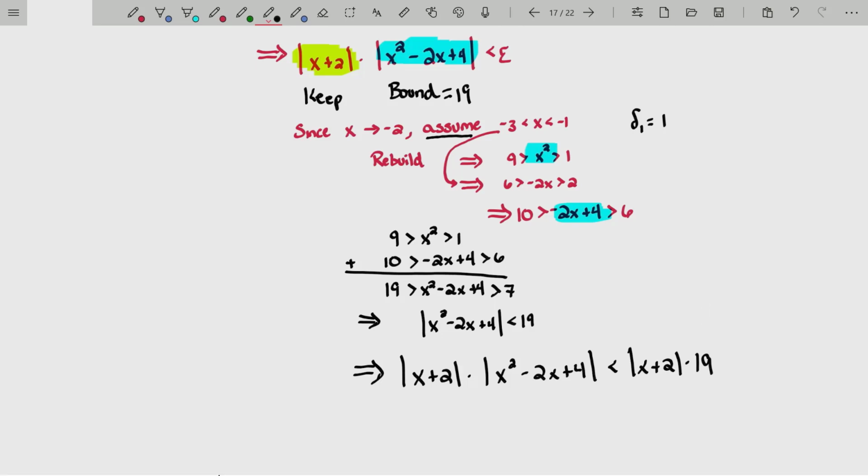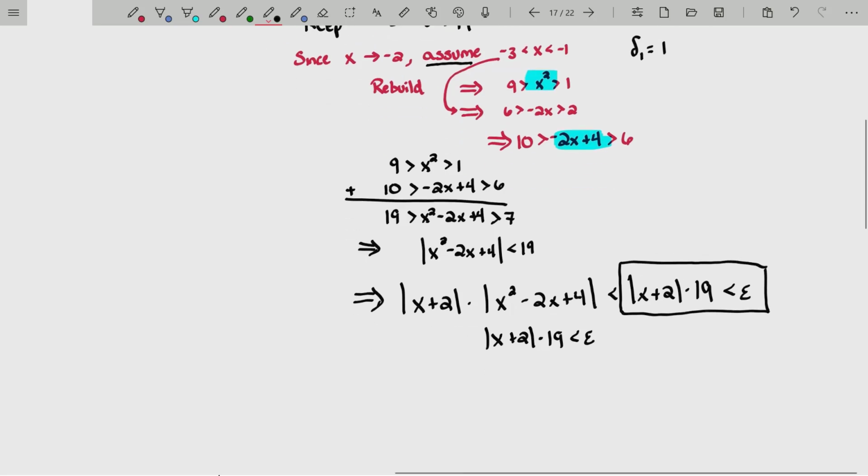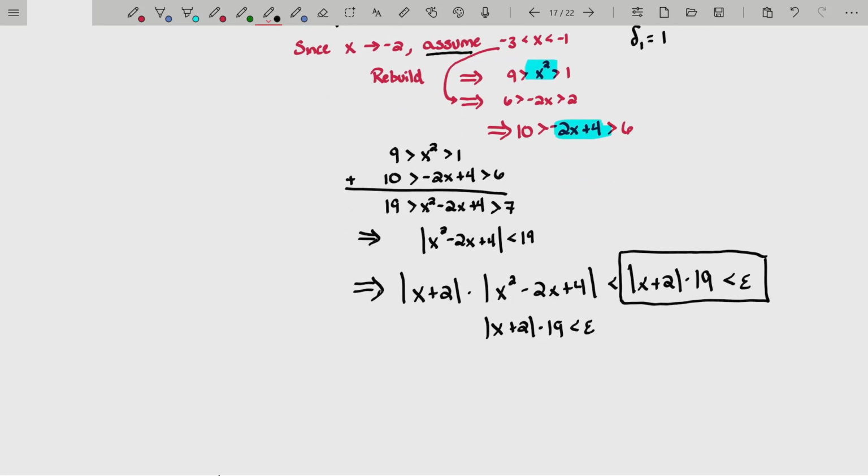But no matter what, we have assumed that this will be less than epsilon. That is, we have this absolute value of x plus 2 times 19 must therefore be less than epsilon. Divide both sides by 19, and you have found delta 2, a second delta.